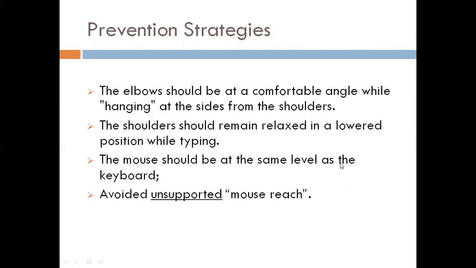The mouse should be at the same level as the keyboard. Avoid unsupported mouse reach. It means it should be within reach. Your mouse should be very close to you. The keyboard should be closer. You should not give extra effort to reach your devices like keyboard and mouse. They should be easily reachable.